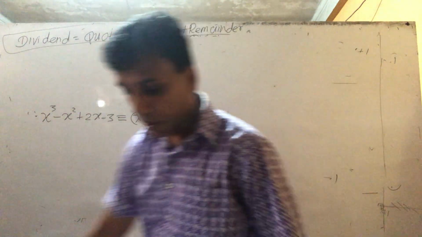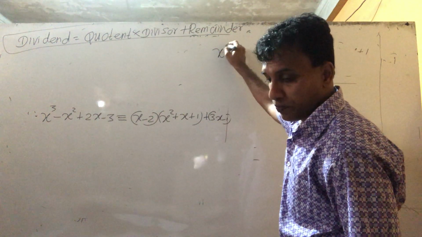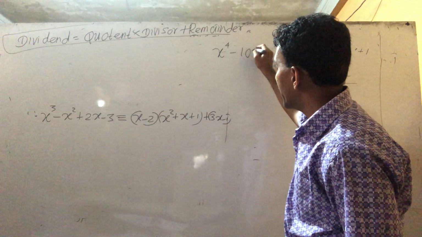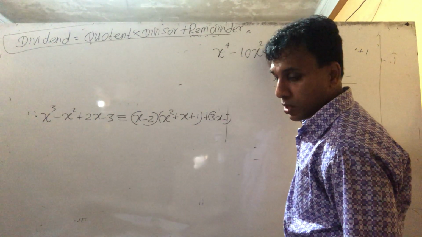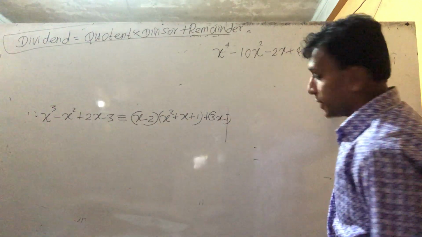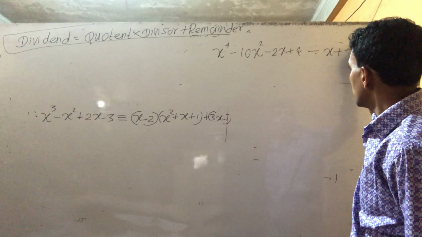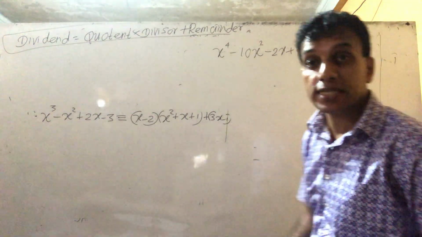See another polynomial: x to the power 4 minus 10x square minus 2x plus 4 divided by x plus 3.